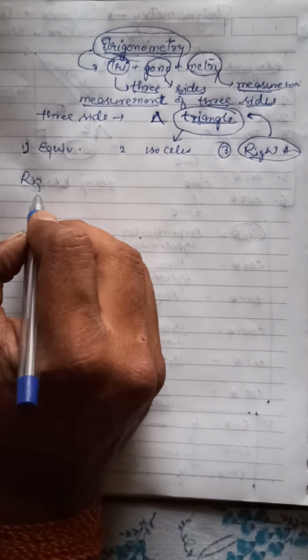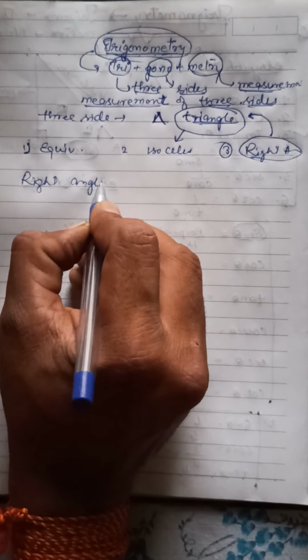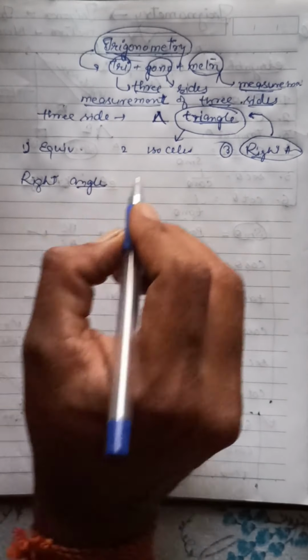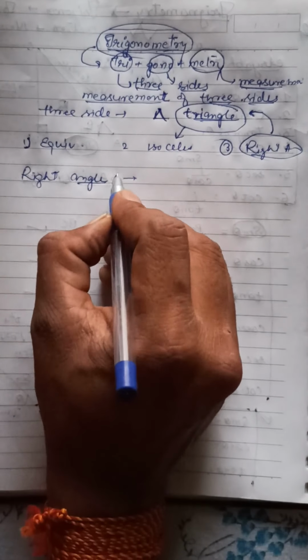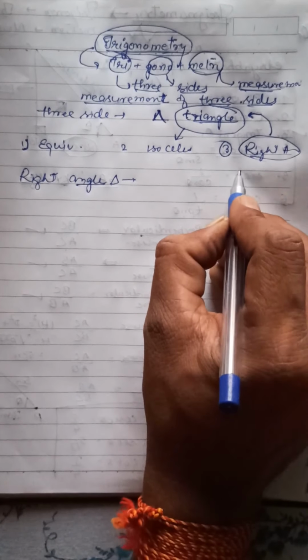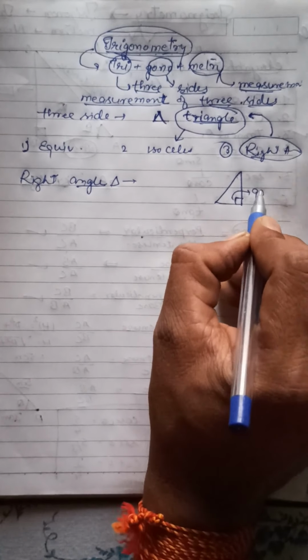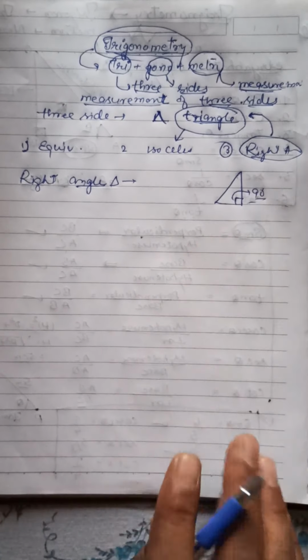Which one is the right angle triangle? You have studied this in 7th and 8th class. A right angle triangle is a triangle that has one angle of 90 degrees. That is called a right angle triangle.